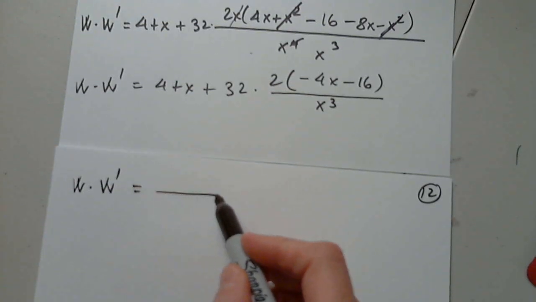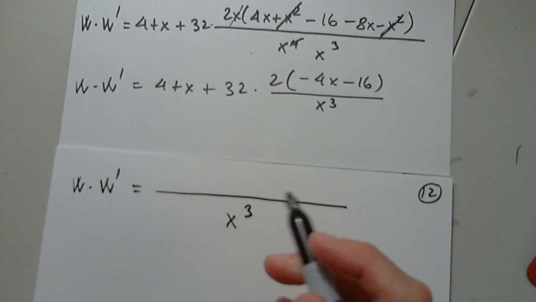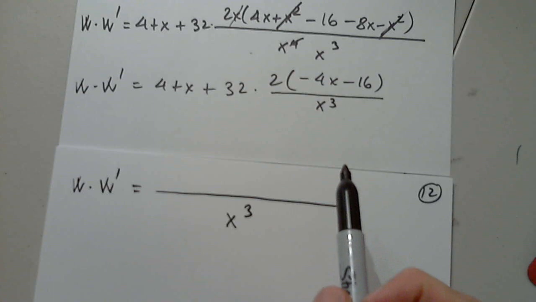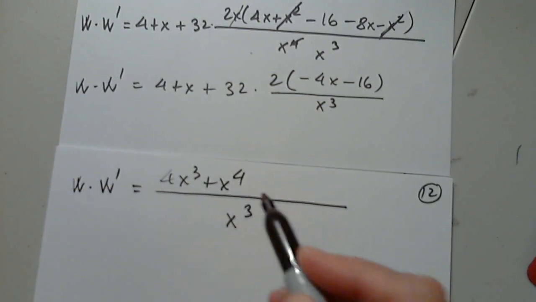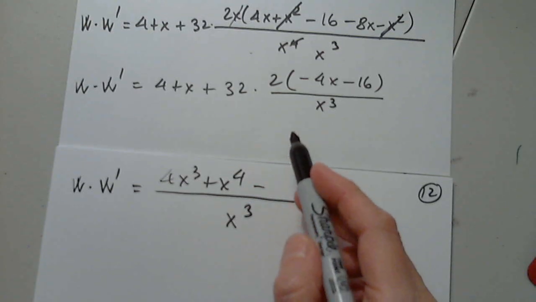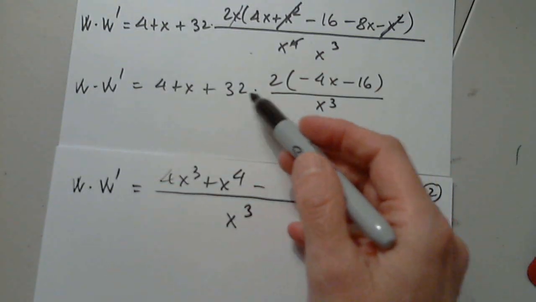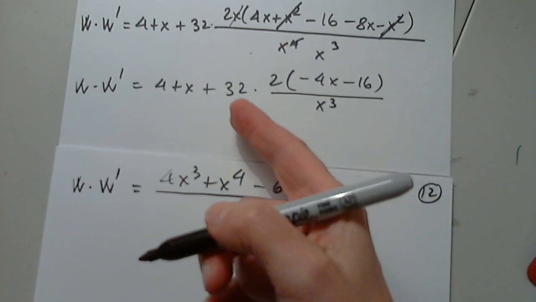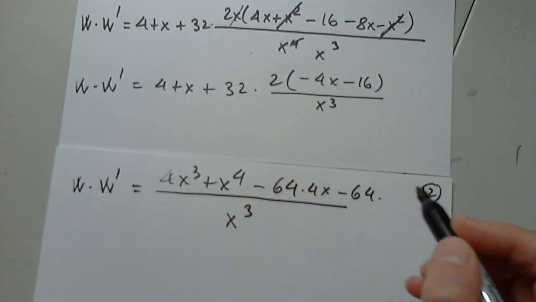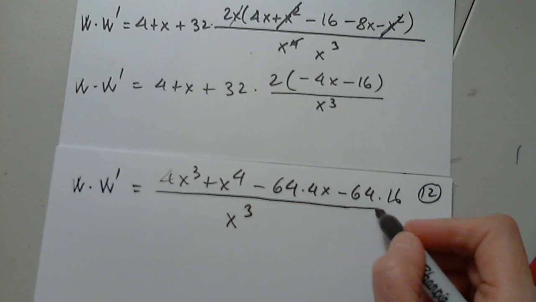Okay, now the least common denominator. Okay, 4x cubed plus x to the fourth minus 64 times 4 times 4x and 64 times 16.